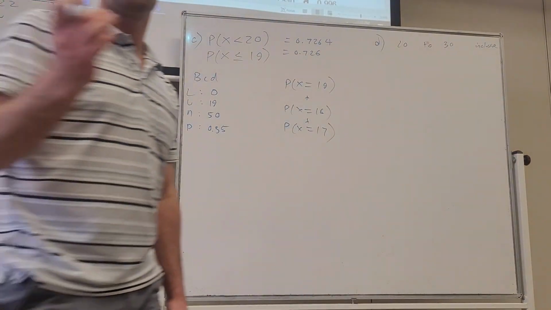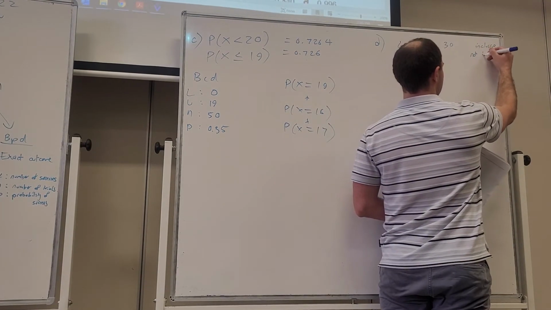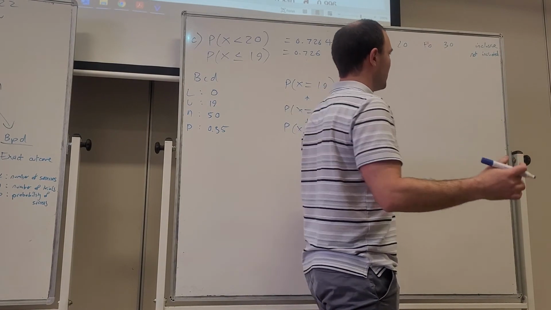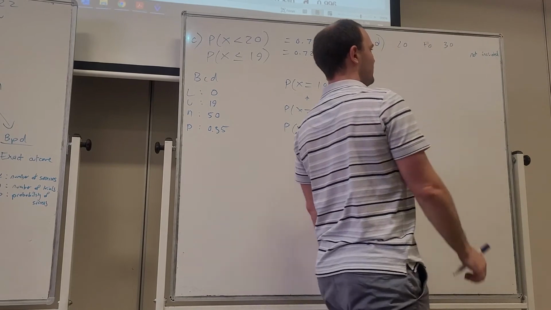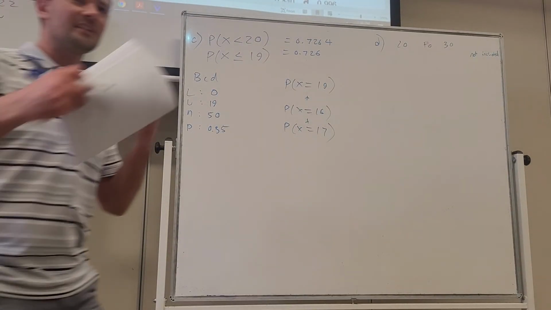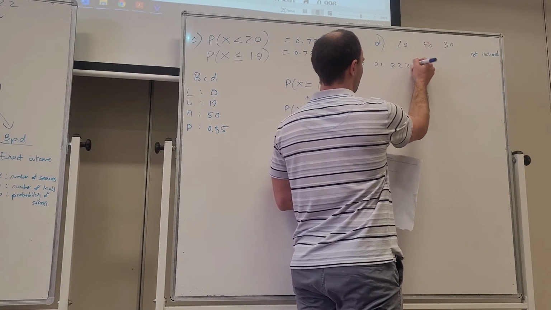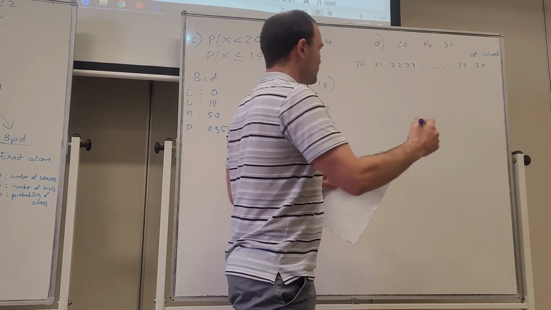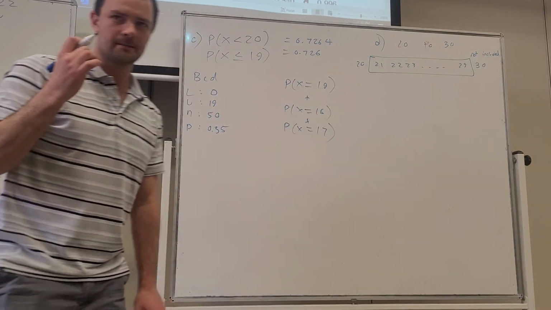And sometimes it will say not including. So that's the sort of language we've got to look out for. Let's say, for the sake of argument, that we are not including 20 and 30. So it's saying between 20 and 30, so we've got 20, 21, 22, 23, all the way up to 29, 30. So between 20 and 30, but not including 30, all of those events.